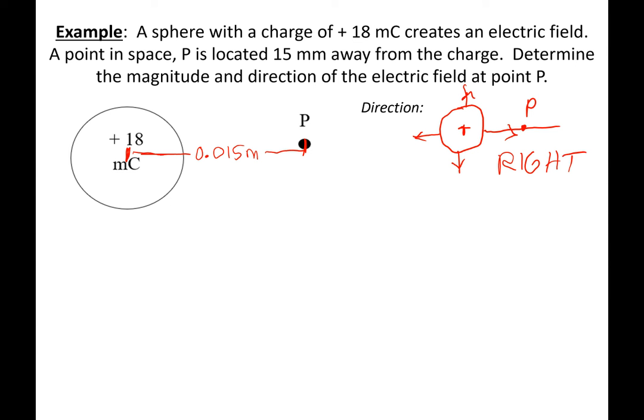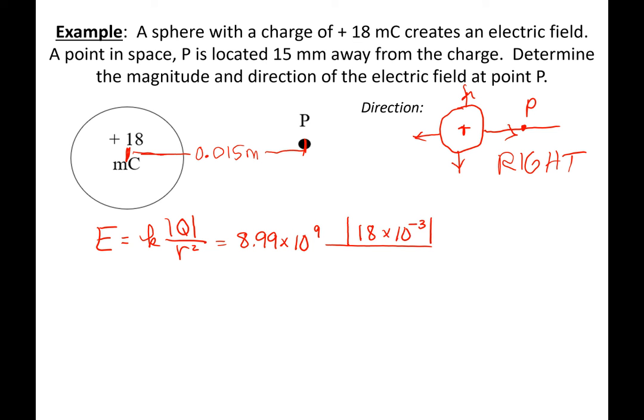And then when we go to actually calculate this, what we will end up doing is simply grabbing our equation for an electric field due to a point charge, which would be E is K magnitude of Q divided by R squared, which would be 8.99 times 10 to the ninth multiplied by the absolute value of 18 times 10 to the negative third, because milli is negative 3.